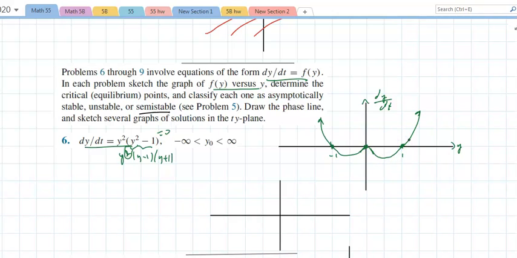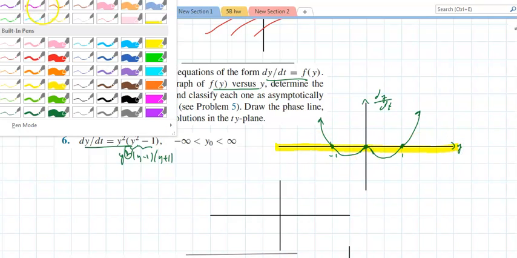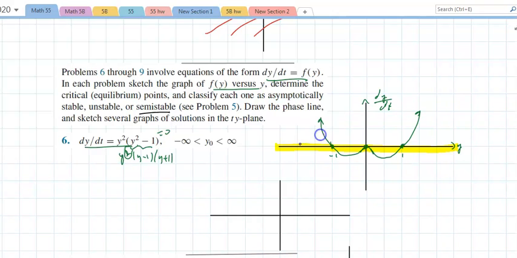So there it is. And now, if I really go after the phase line, that will tell me everything that I need. Positive, it's increasing. Negative, it's decreasing. Negative, it's decreasing. And positive is increasing. There it is. And this is my phase line. Again, very important.